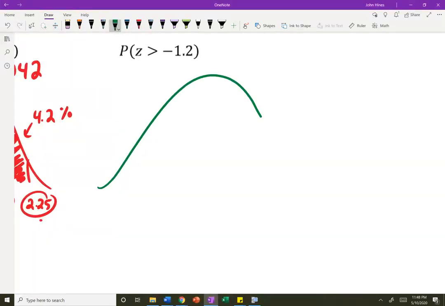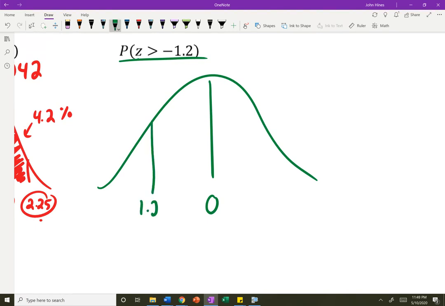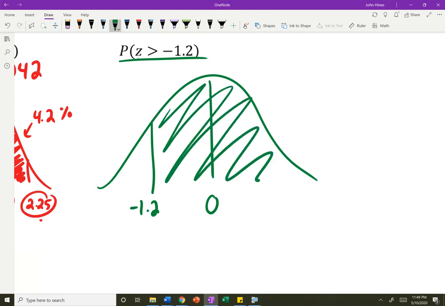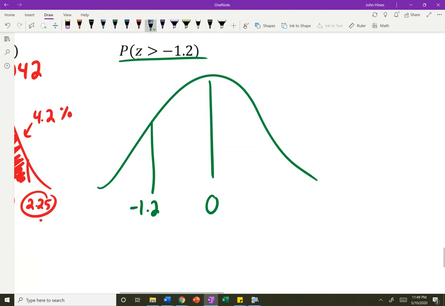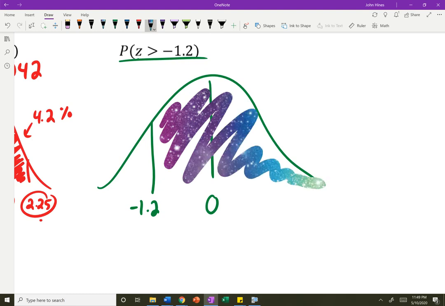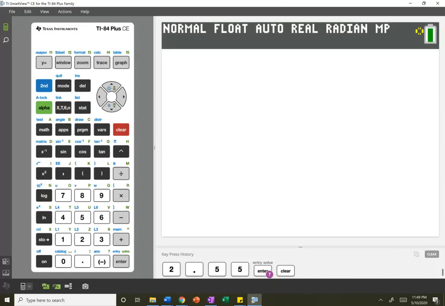And finally, last one for this lesson. I draw my normal curve. I want to know the probability that z is bigger than negative 1.2. What's the probability my z is bigger than negative 1.2 standard deviations below the mean? I'm adding all the way up to here, forever. Well, there's my lower bound and there's my upper bound. So one last time here.